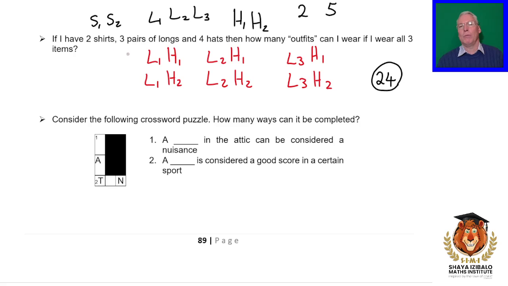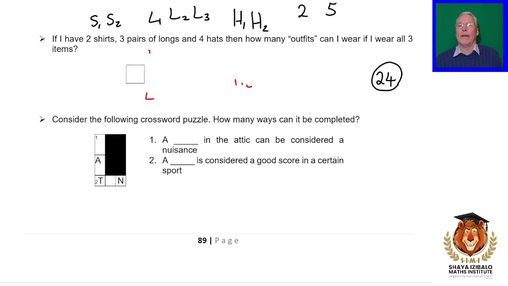And we shouldn't be surprised by 6, because before, when we had 2... 4 different hats, sorry. There's actually a whole lot more here. So I'm going to scrap that, and I'm going to just do the shirts and the longs, because there are only 6 of those.